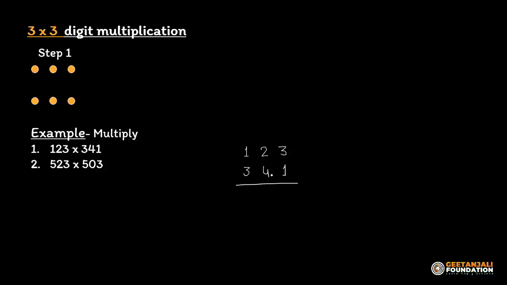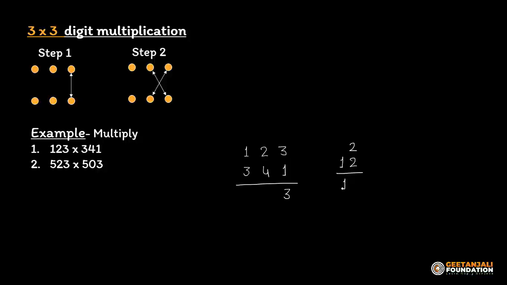So you start with the rightmost. In the first step, you multiply the rightmost column. So you get 3. There is no carry, it's fine. Then in step 2, you move towards the left. You have one more column there, so you cross multiply those numbers and add the products. When you cross multiply, you get 2 here and 4 3s are 12.